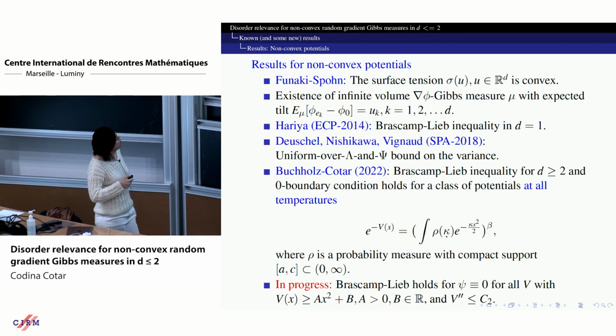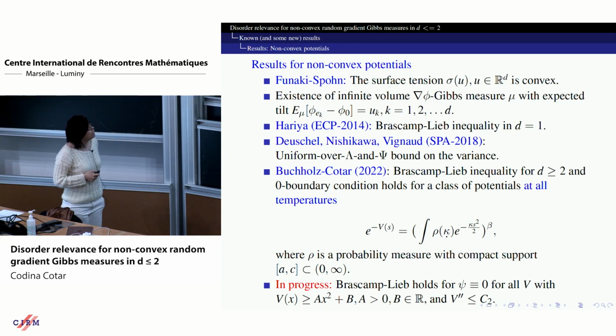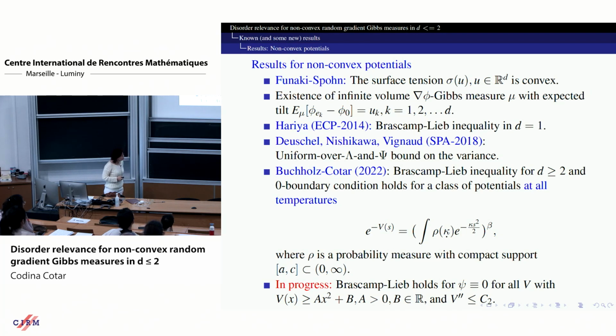Then in the new work with Simon Buchholz, we also have a Brascamp-Lieb inequality. Well, ours is a bit not as impressive because it has a zero boundary condition, and you have it for a mixture of Gaussians.